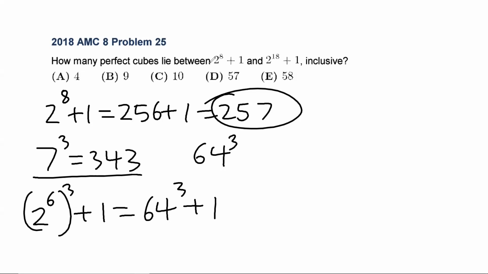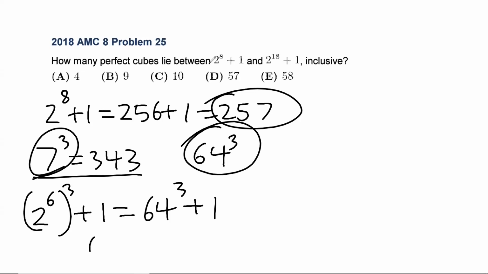And note that you don't actually need to calculate what 64 cubed is in order to get the answer. So if you start at 7 cubed and you end at 64 cubed, then how many perfect cubes lie in between those two? Well, it's just 64 minus 7 plus 1.